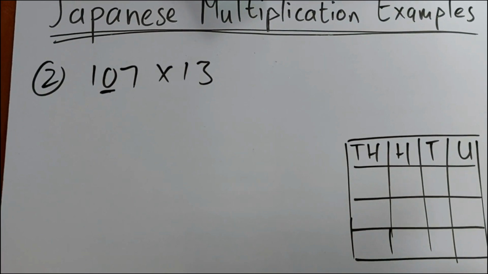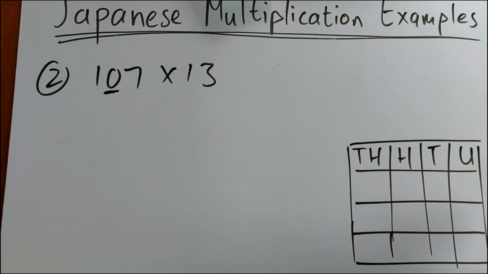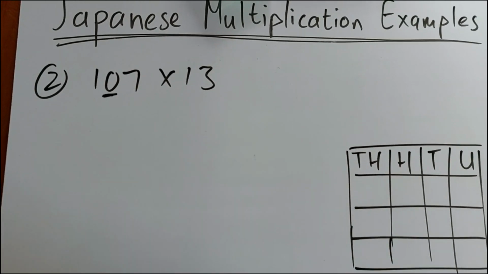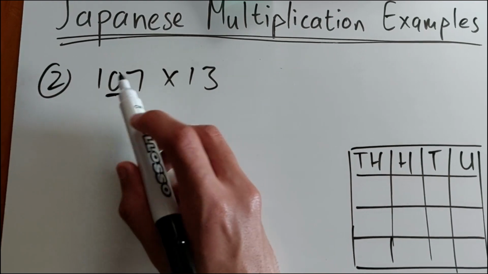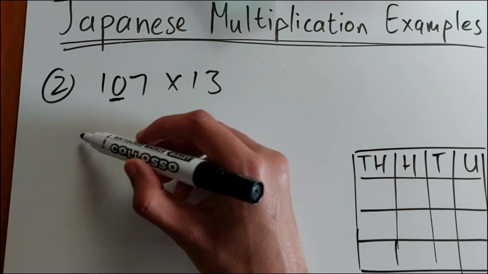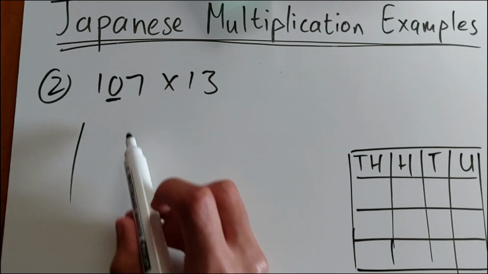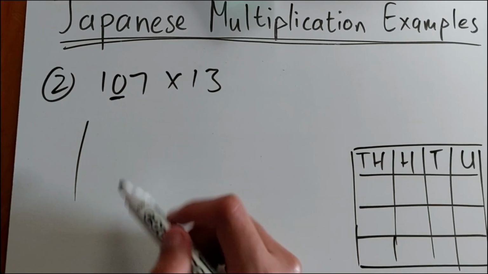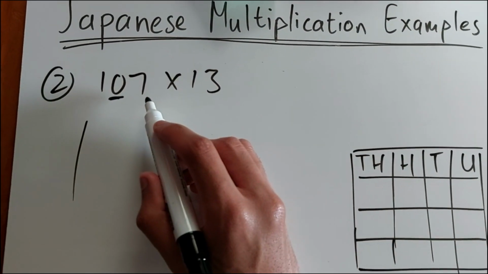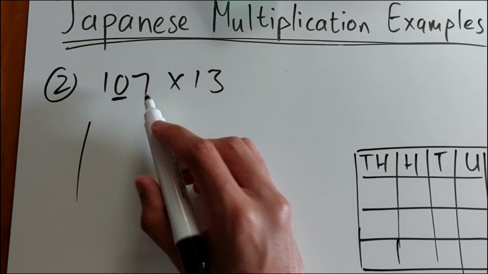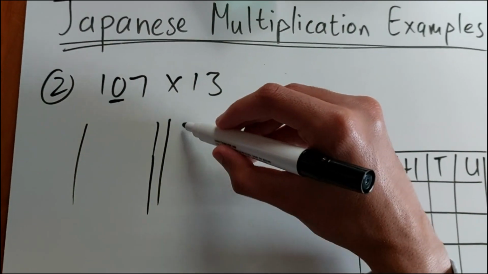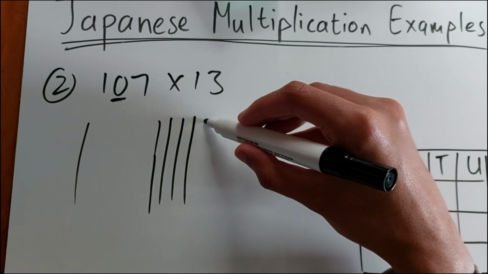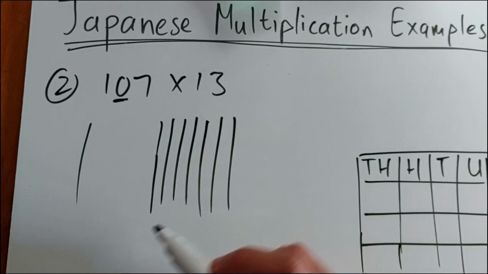So let's start our solution. Our vertical lines for the first digit consist of a 1. We leave a space open for the 0, and then for the third digit we have 7. 1, 2, 3, 4, 5, 6, 7.